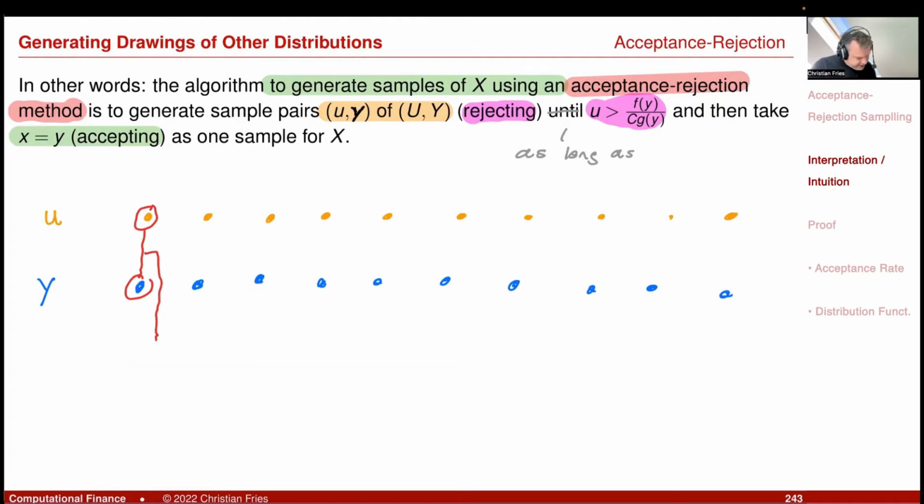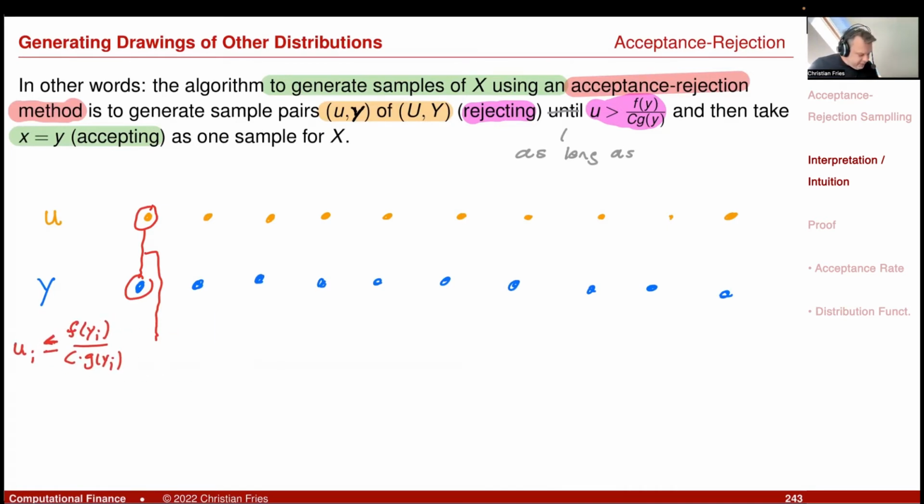So you check, is the ui larger, or is it less or equal the acceptance criteria, f of yi divided by c times g of yi. So is this the case?